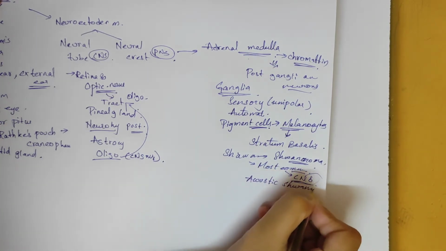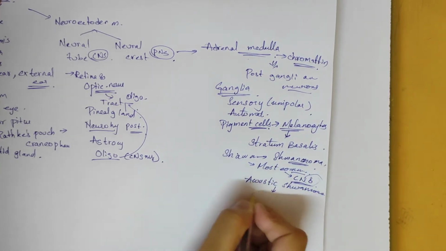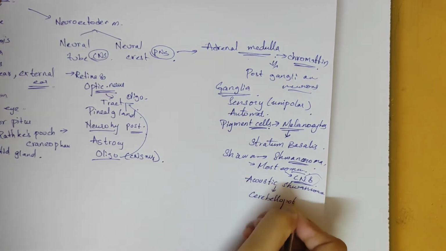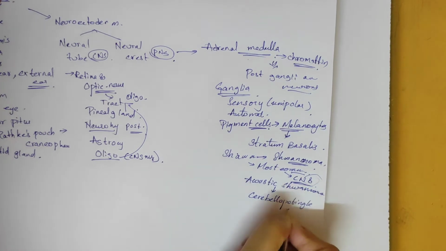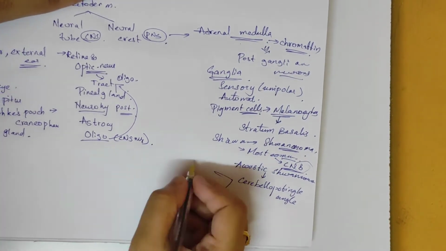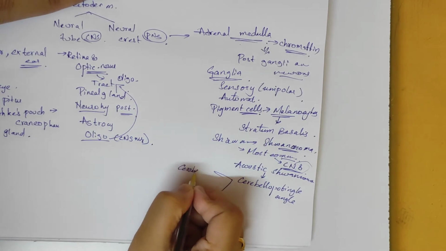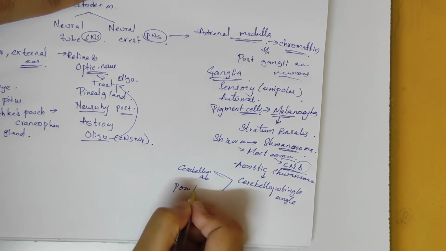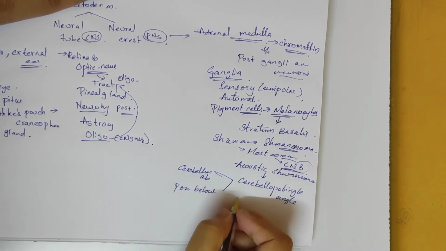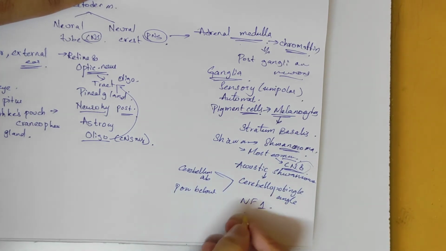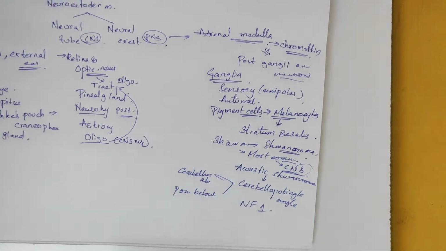This is very important. It occurs at the cerebellopontine angle. What is this cerebellopontine angle? It is nothing but the cerebellum above and the pons below. And this is also seen in NF1, which is neurofibromatosis 1.